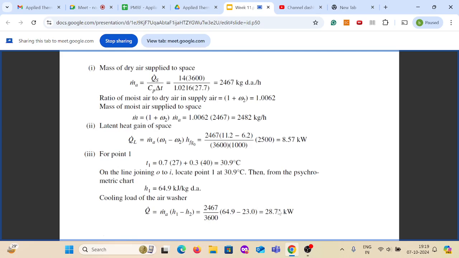So how much does it have to remove? The air is coming at 30.9 with enthalpy 64.9, and the air which has to be supplied is at enthalpy 23 kilojoule per kg of dry air. Into mass of air, this gives you a total of 28.71 kilowatt. So this is the amount of cooling load which has to be supplied by the air washer.